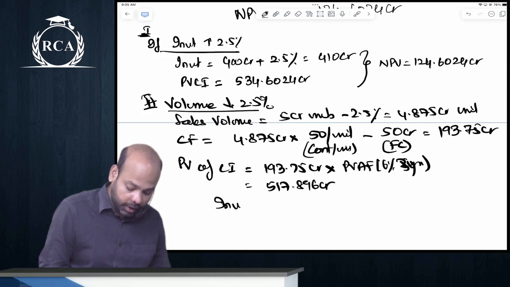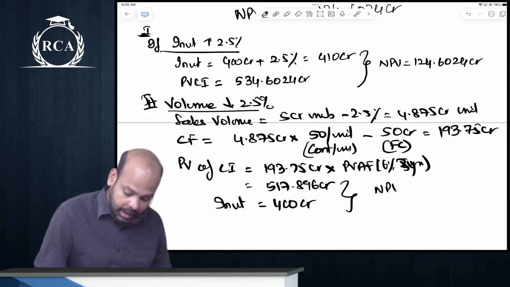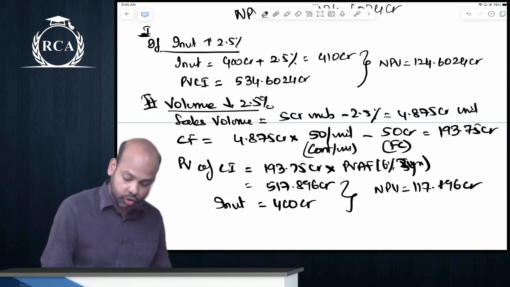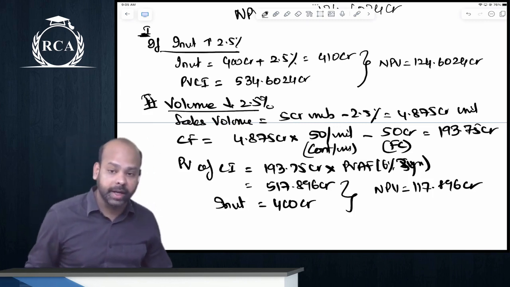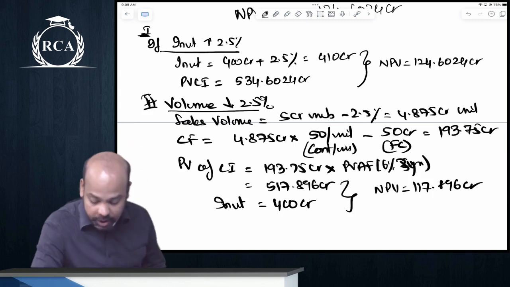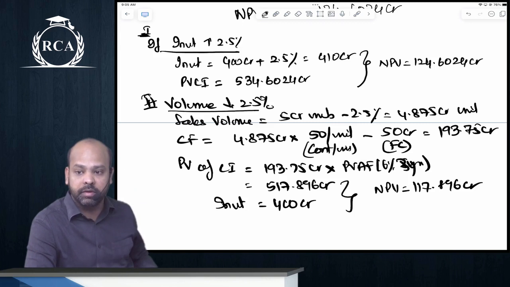You already know that your investment beta is 400 crores. Therefore NPV is coming down to 117.896 crores. So if your sales volume is adversely getting impacted by 2.5% beta, your NPV will become 117.896 crores.